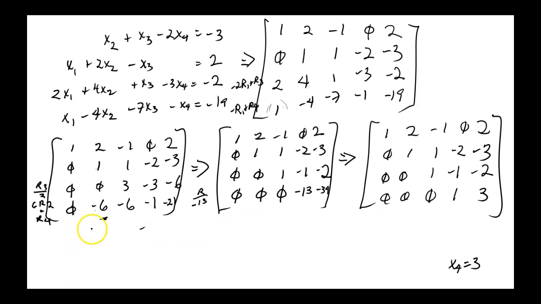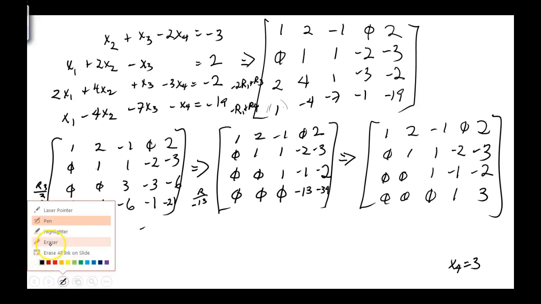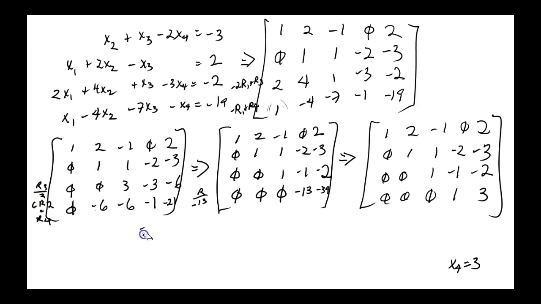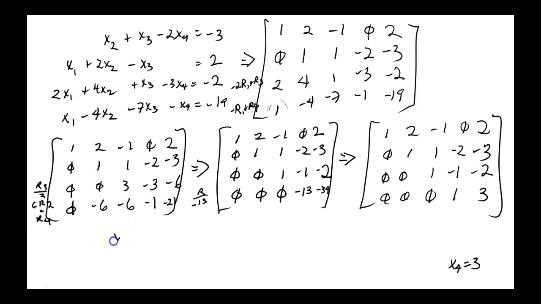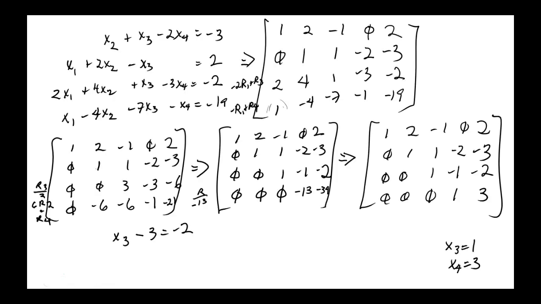That would be x sub 3. So x sub 3 minus 3 is equal to minus 2. So what would x sub 3 be? 1. Add 3 to both sides, and you get x sub 3 equal 1.